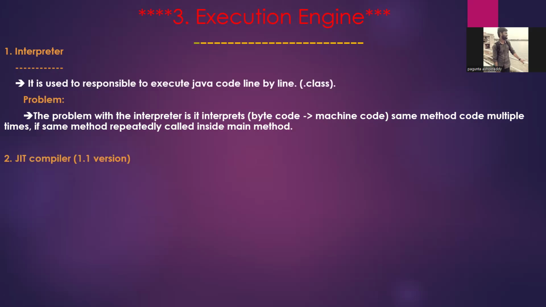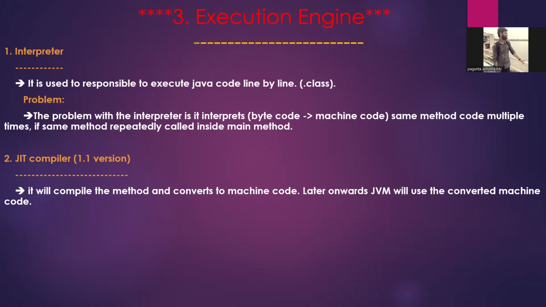To overcome this problem, the JIT compiler comes into the picture, from Java 1.1 version. It will compile the method and convert it to machine code. Later onward, the JVM will use the converted machine code.